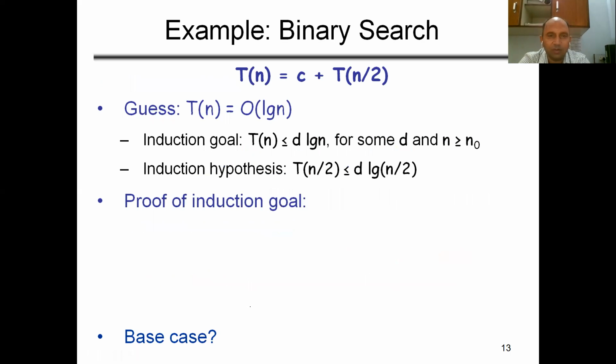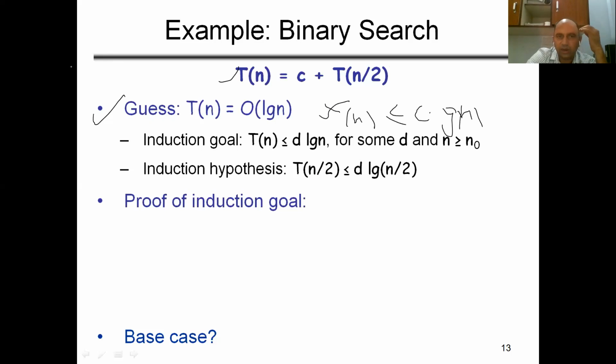So let's take an example. Suppose we have a recurrence relation for binary search. We have to assume the solution of this recurrence relation. Let's assume that the solution of this equation is T(n) is equal to big O of log n. We know the condition for big O notation: f(n) must be less than or equal to c g(n).